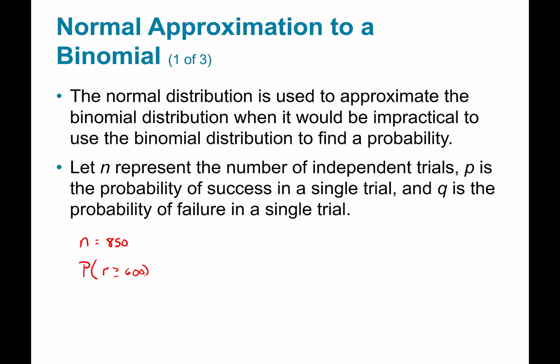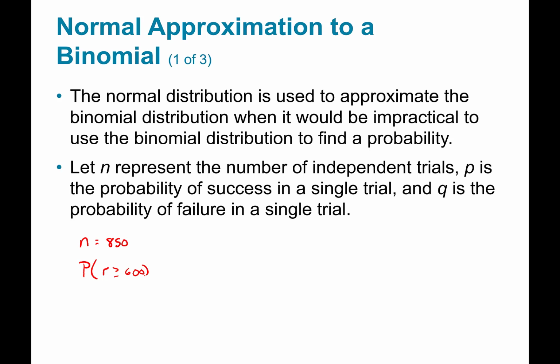Well, if you think back to how we would have had to do this in chapter 5, we would have had to add up the probability that r is equal to 600, 601, 602, 603, all the way up to 800, or 0 all the way up to 599. Assuming that there was even a table for this many values of trials.